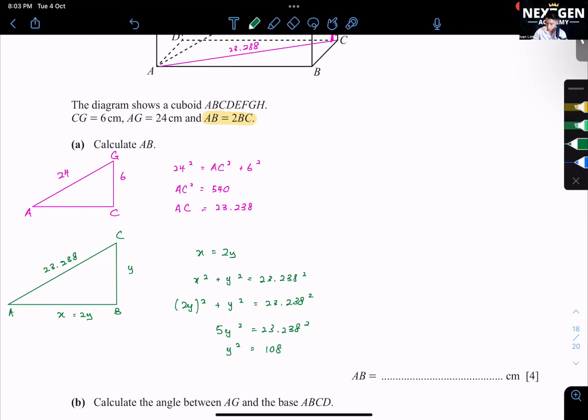You'll get y equals 10.392. This is for BC. AB is equal to 2 times 10.392. You get 20.8.